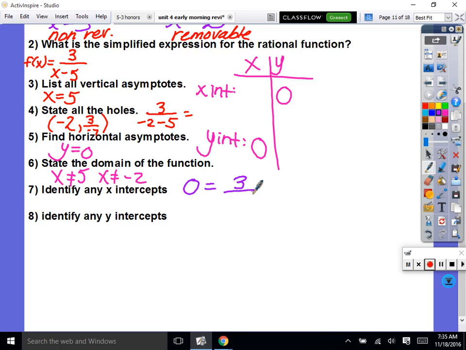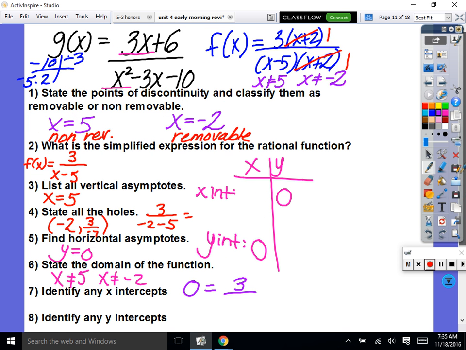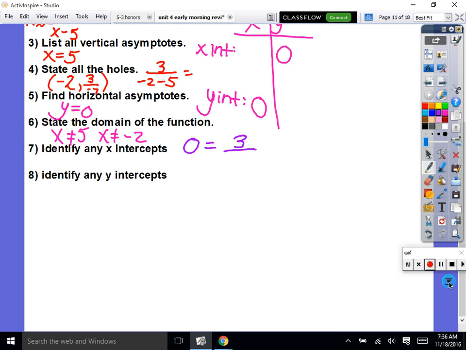Let me think if I just lied to you. Sorry, maybe I just lied to you a second ago by saying we could use the simplified one. No, I didn't lie to you. We could use either. So we're going to do both just so that I don't confuse you.